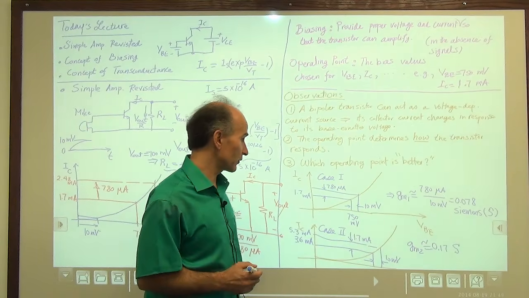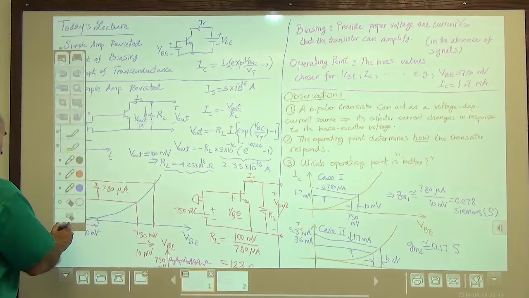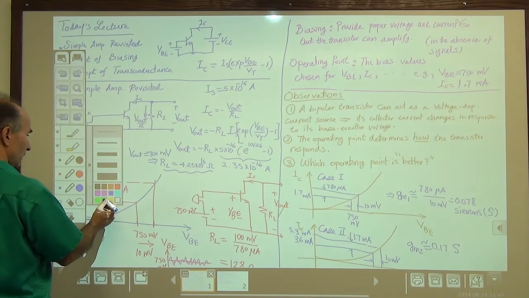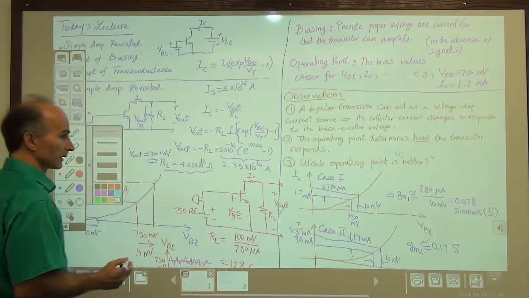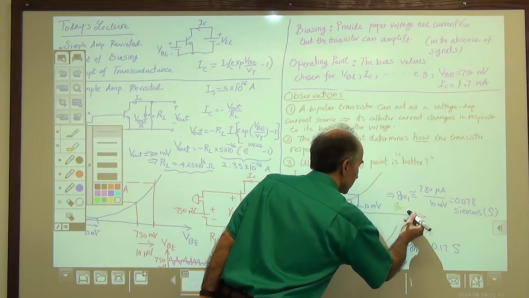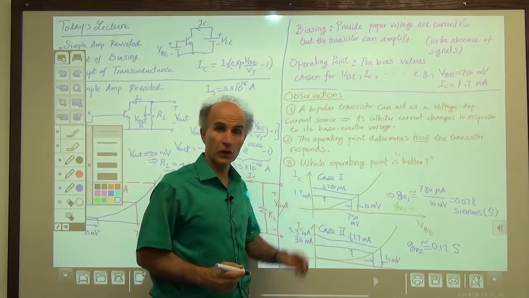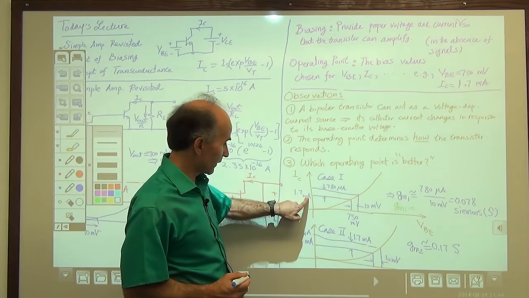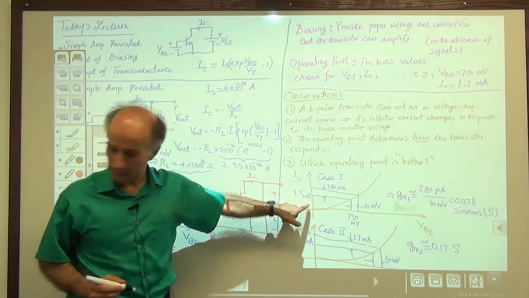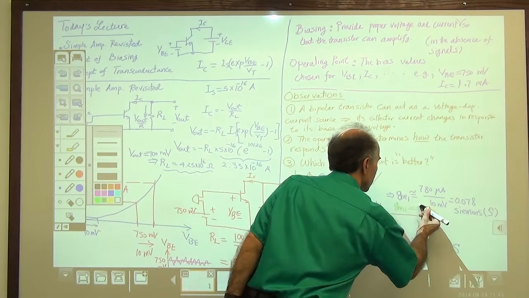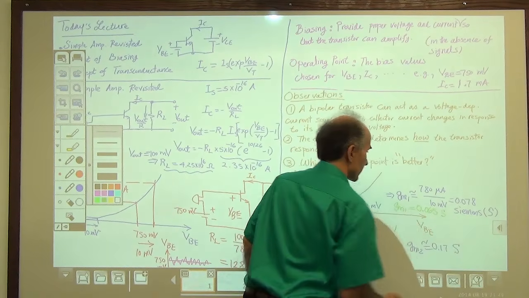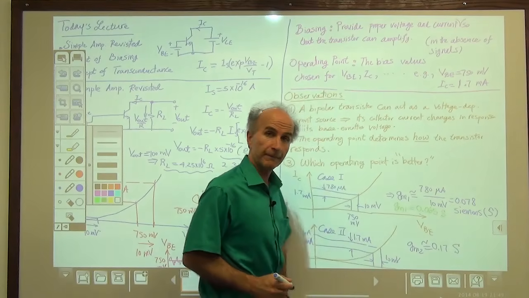Okay, so if we calculate the GMs accurately, let me add a new color here. Maybe this green. So if we calculate GMs accurately using the equation IC over VT, 1.7 milliamps divided by 26 millivolts gives us 0.065 Siemens. So it's a little less than before.